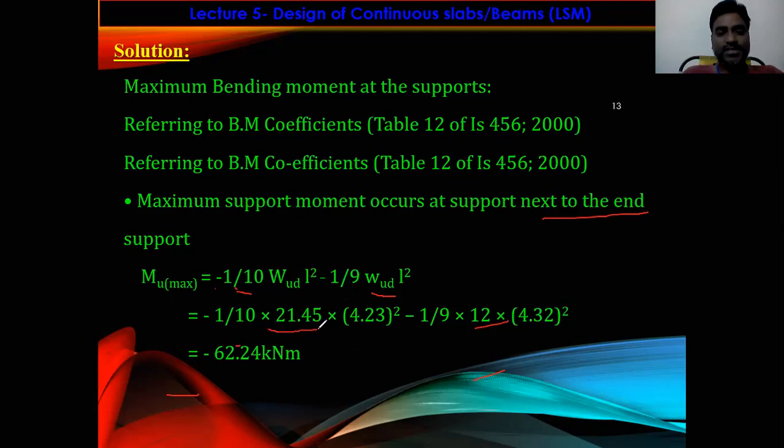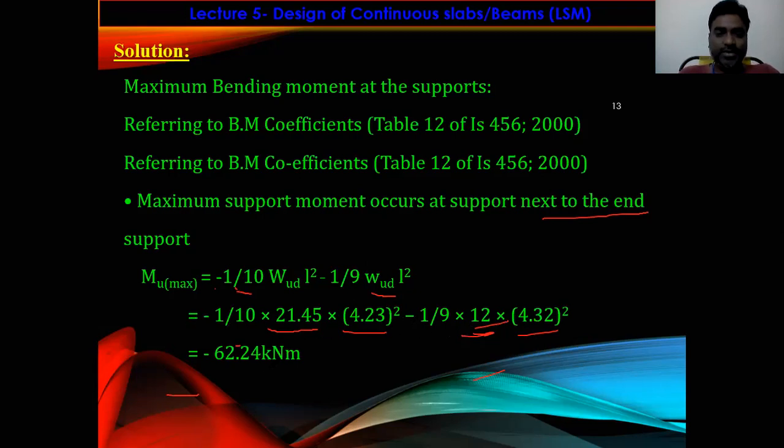21.45 for the fixed load, the factored load, and our effective span is 4.23 meters, right? So 1 by 10 into 21.45 into 4.23 square. Similarly, this is 1 by 9 into, for not fixed, it is 12 and the span is 4.23 meters.